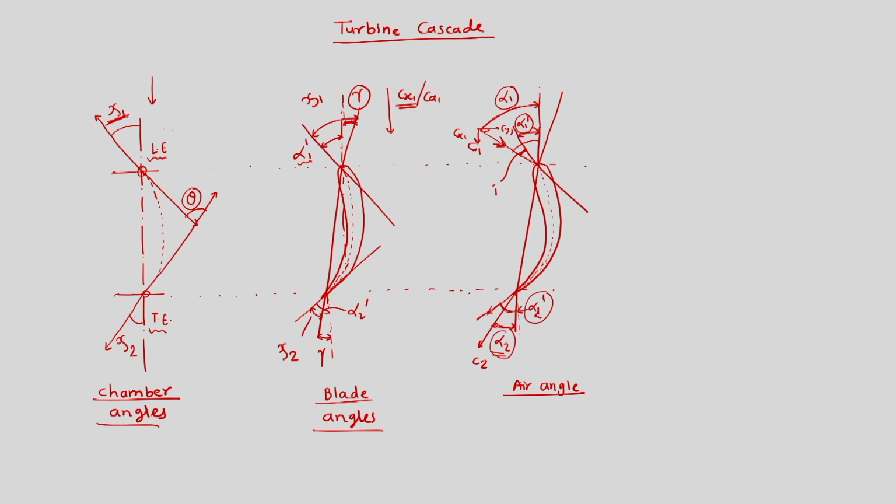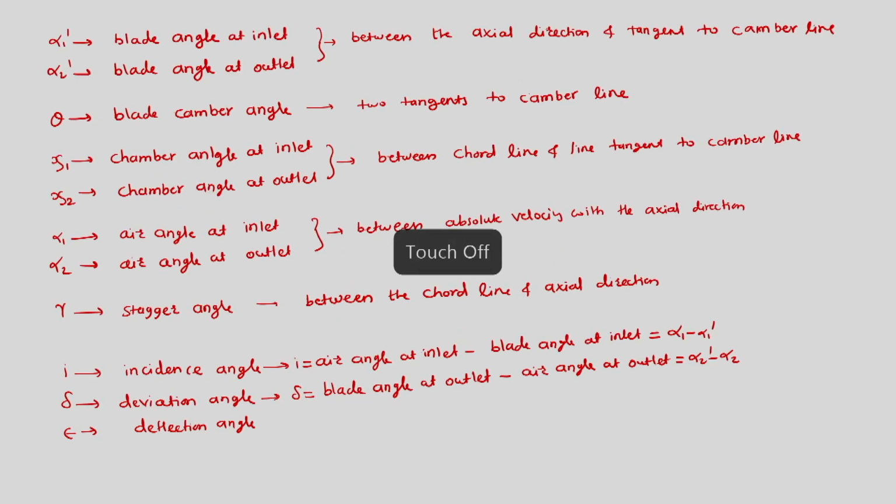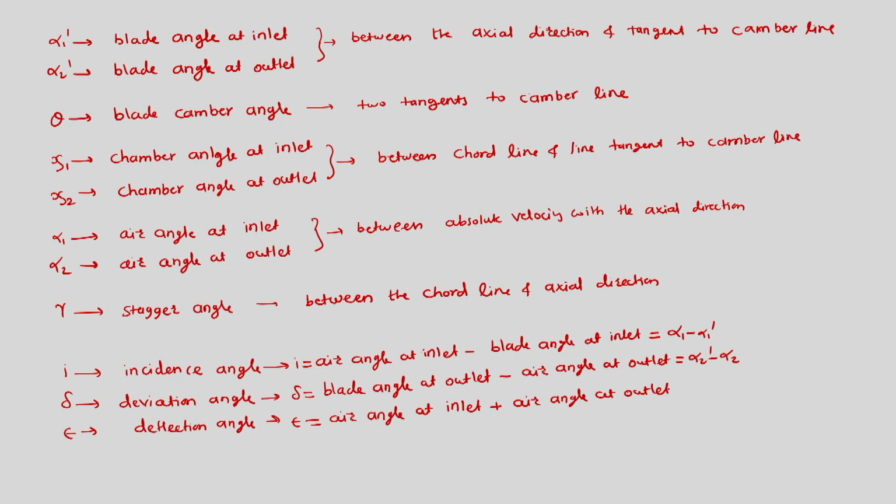Having these two differences, delta is the deviation angle, and the deflection angle, which is epsilon, is equal to the air angle at inlet plus the air angle at outlet.